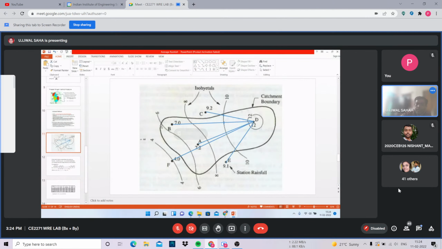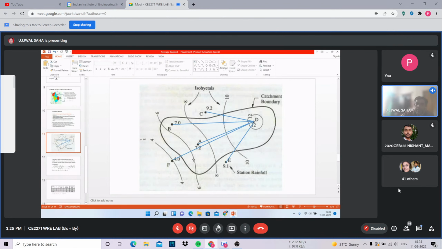Along this line, everywhere the precipitation is 6. Along this line, everywhere the precipitation is 8. So if we have the isohyets, I know that this line has rainfall 8, so outside this line, rainfall will be different.